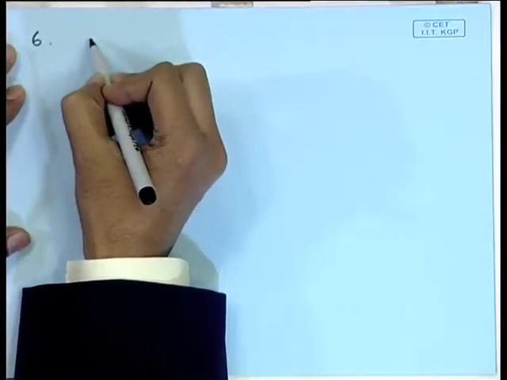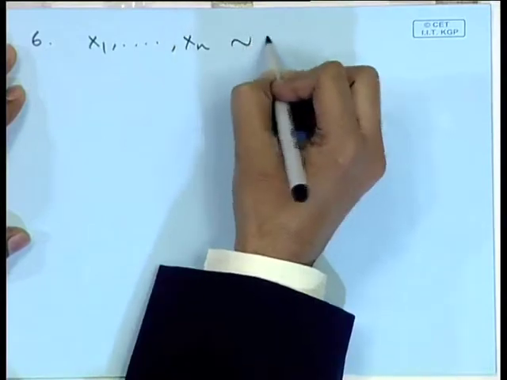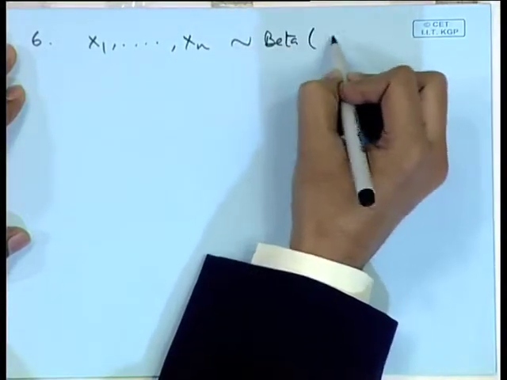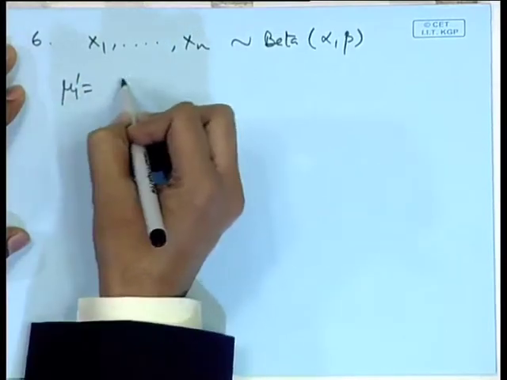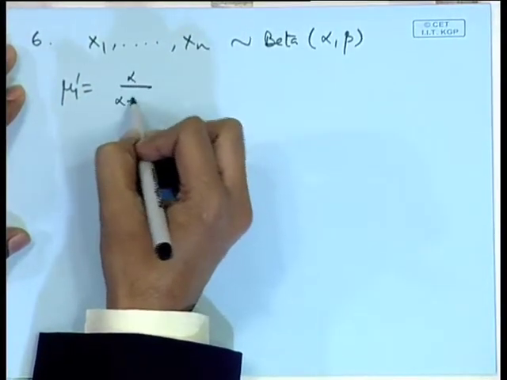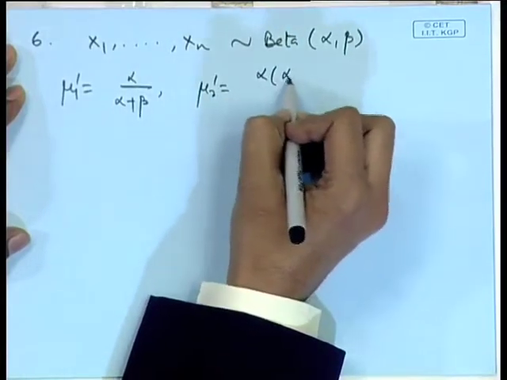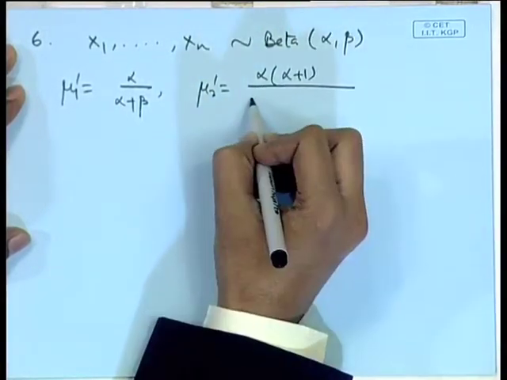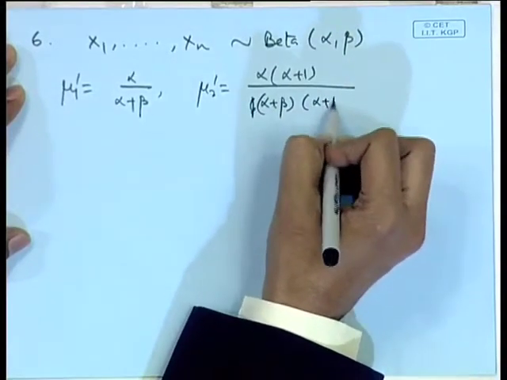Let us take, say, the beta distribution. X1, X2, ..., Xn follow a beta distribution with parameters, say, alpha and beta. Here mu 1 prime is equal to alpha by alpha plus beta, and mu 2 prime is equal to alpha into alpha plus 1 divided by alpha plus beta into alpha plus beta plus 1.